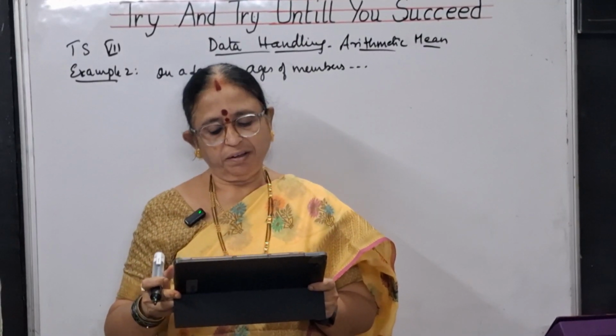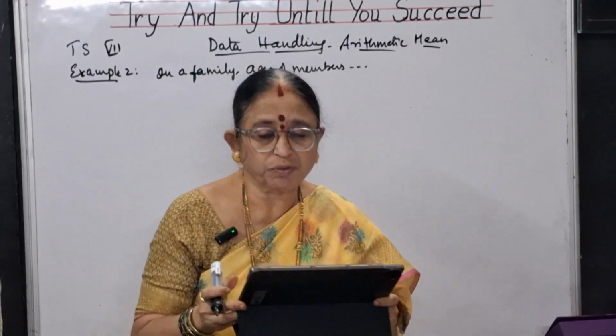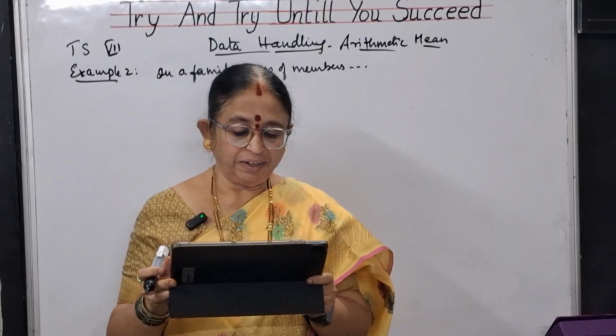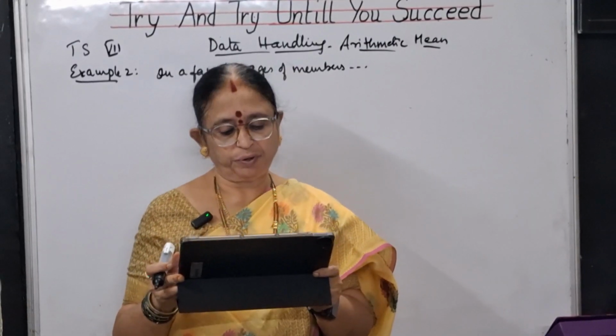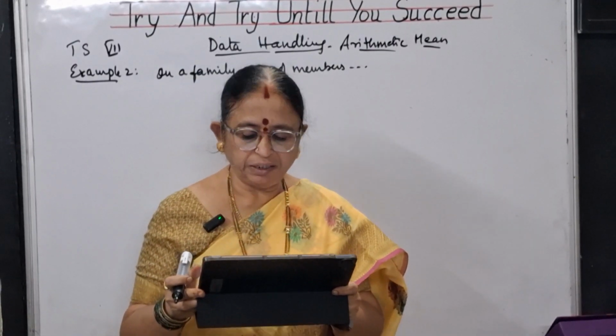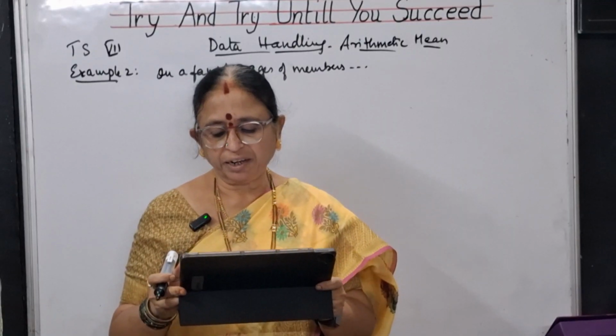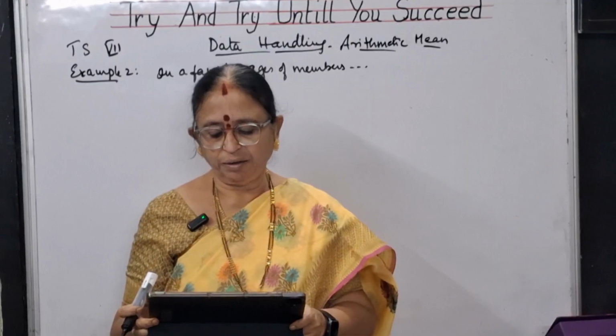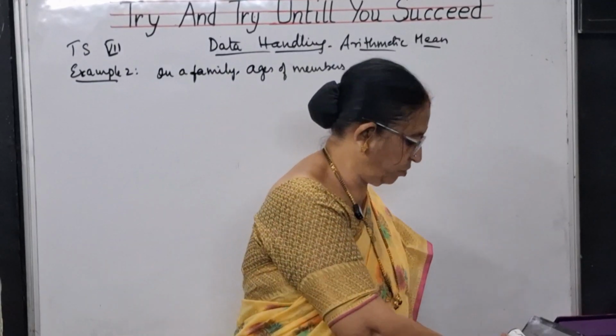First bit is find the arithmetic mean of their ages. The second one is, what were their ages 5 years before? Find their mean age. Third bit, can you see the relationship between change in the mean and the number of years? This is the question.